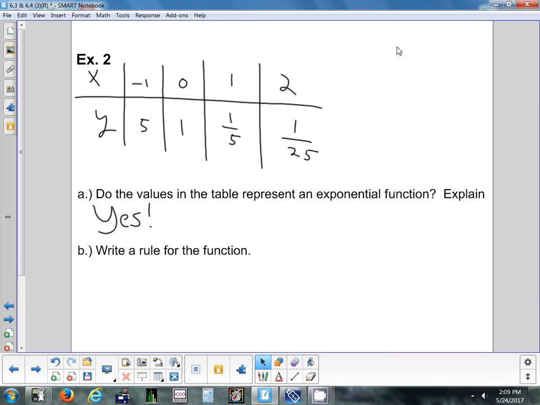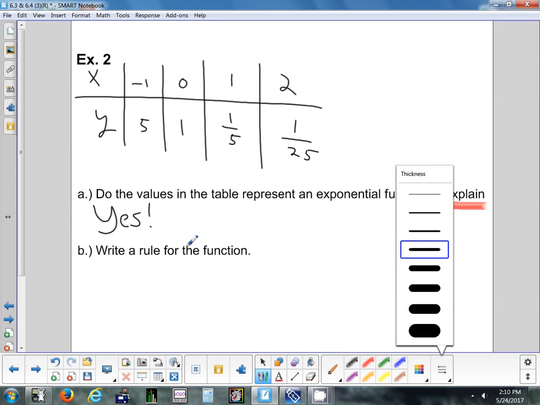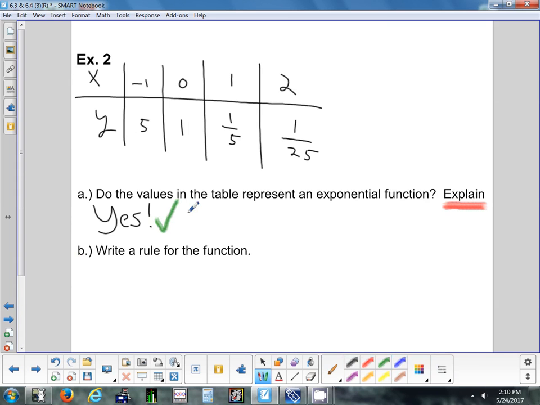On your notes, for A it says, do the values in the table represent an exponential function? We know yes. Now, where it says, is this an exponential function? If so, why? So we're going to say yes, because. Why is this an exponential function?